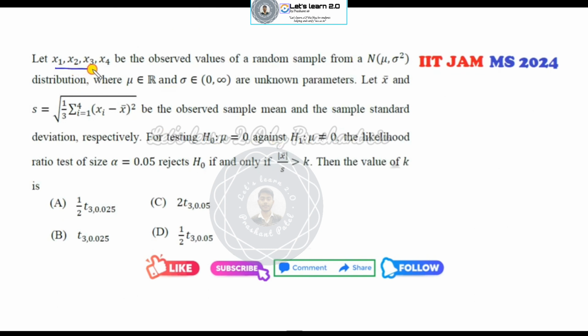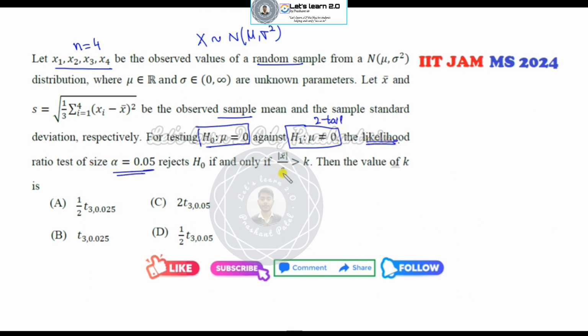Okay, look at this another question. X1, X2, ..., Xn, with n equal to 4, is a sample which follows the normal distribution. Then X bar is the observed sample mean. In this testing of hypothesis, this one is my two-tailed test. Then the likelihood ratio test of this, a critical region is already given to you.